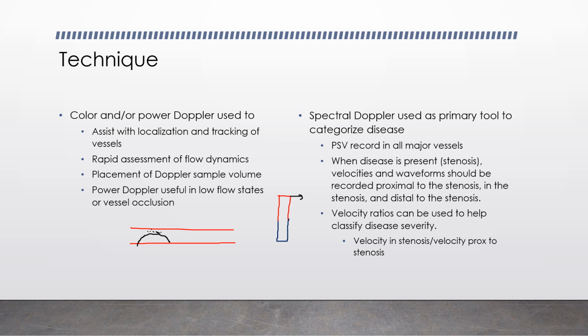Now, just distal to that stenosis, I might start to see some mixing of the reds and blues. That would indicate that that's a turbulent area, and I would need to utilize my spectral to support that. So really, it allows us to see the fill of the lumen. It allows us to make general assessment of velocities, and it really can help us place our spectral Doppler, which is what we're going to talk about next.